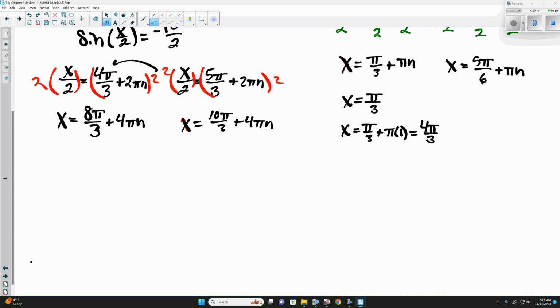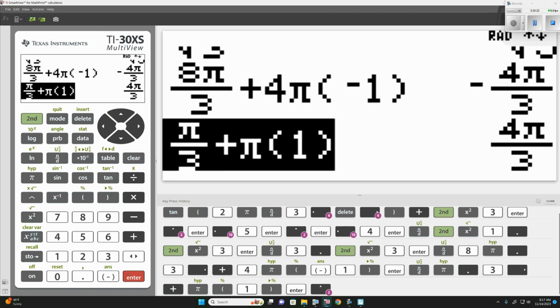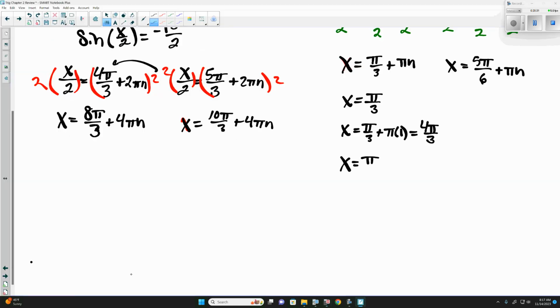Both of those are angles between 0 and 2 pi. That will make this statement true. Now we could try a second one. 7 pi over 3, too big, because if the numerator for this one's greater than 6, we're done. So these two work. Other side, x is equal to 5 pi over 6.